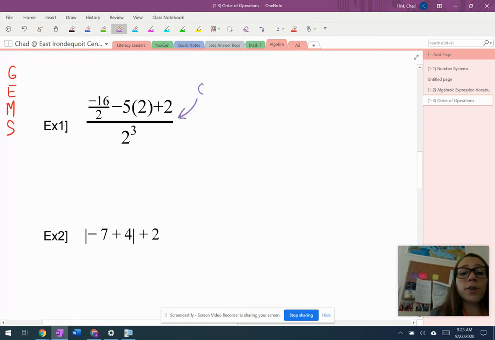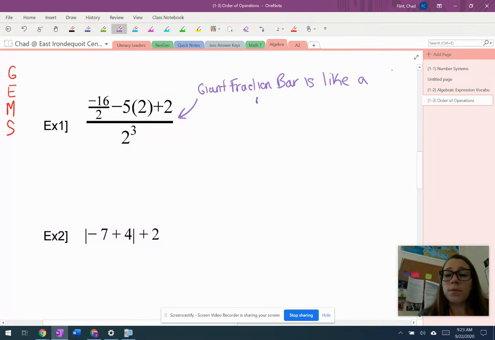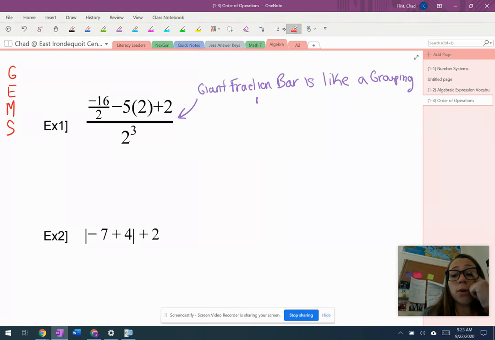So the giant fraction bar is like a grouping. I can't do that division until I've got one number up there. I do have some exponents going on, so let's go ahead and rewrite this.